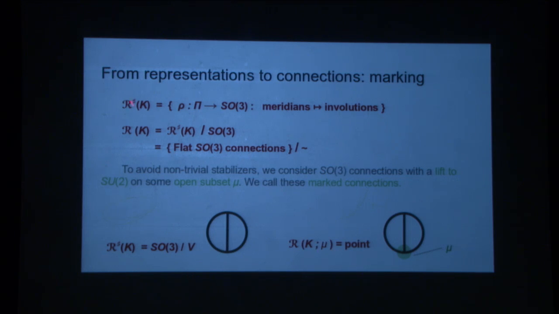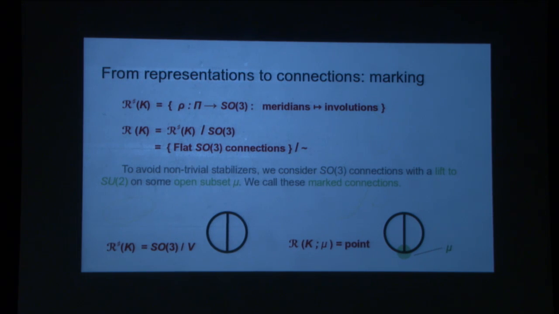Now, apart from the fact that these two guys are just different, one problem that arises for gauge theorists when looking at this guy is that we're now looking at a quotient space where some of the points we're interested in have non-trivial stabilizer. If the image in SO3 is, for example, the Klein-4 group or sits inside a dihedral group, there'll be some non-trivial stabilizer.